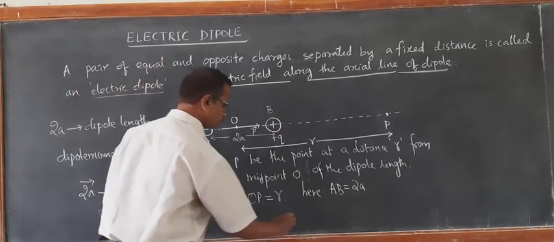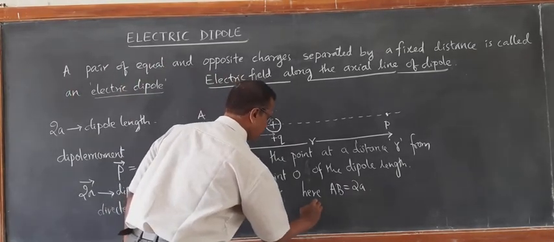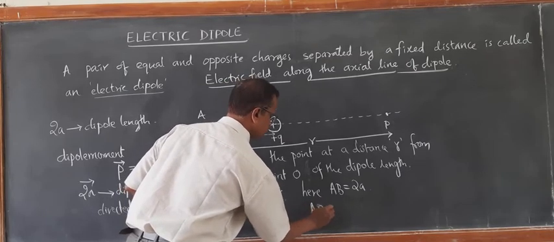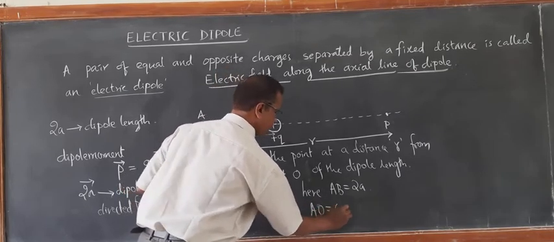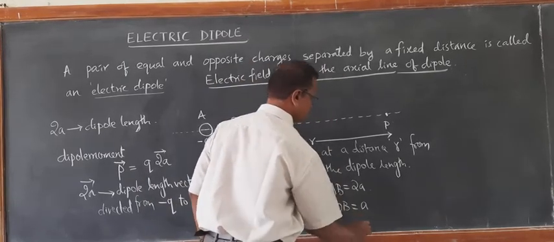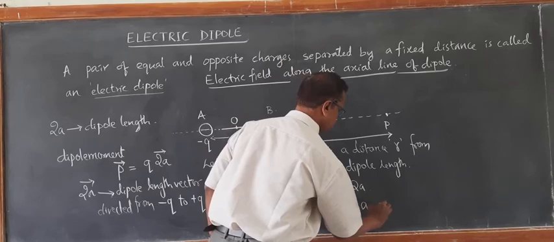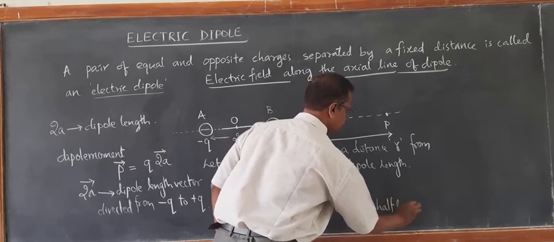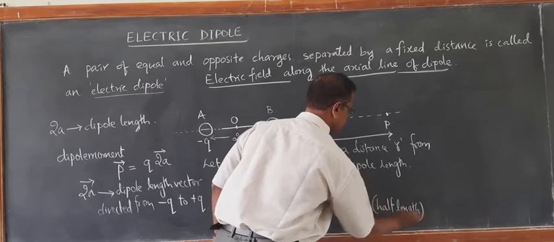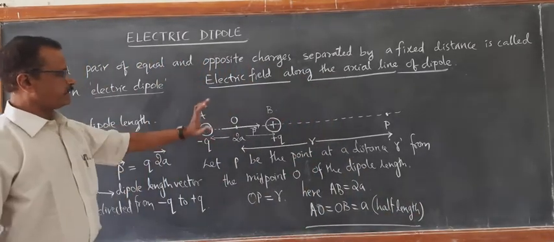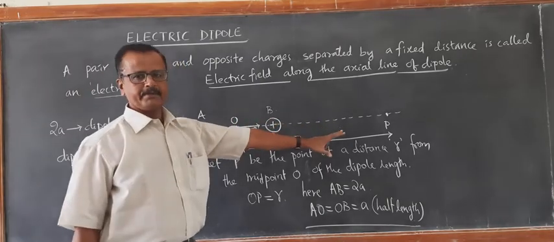So AO is equal to OB, equal to half the dipole length, that is a. With these assumptions, I can find the electric field at this point P.